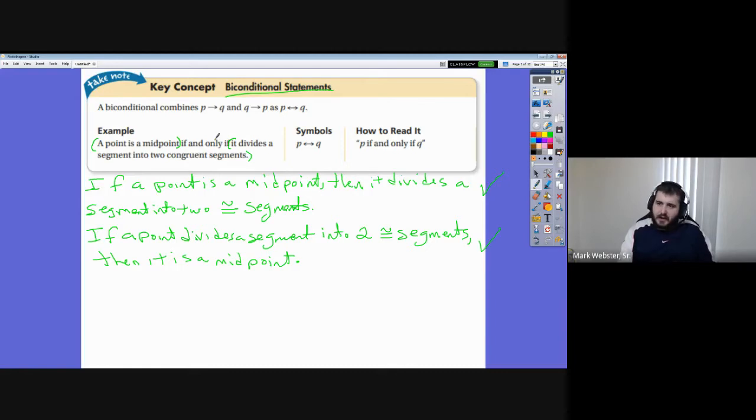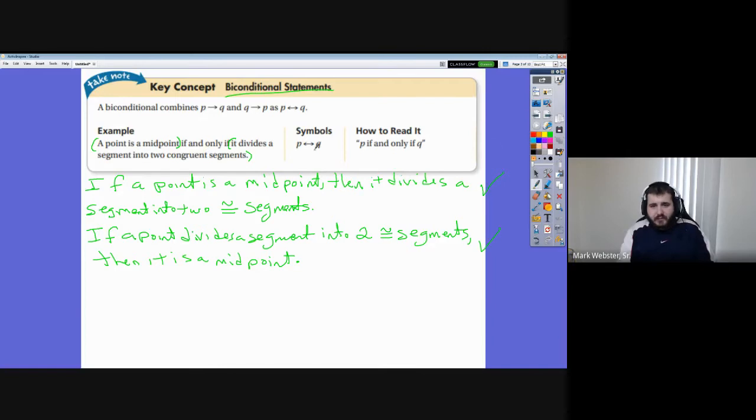That is to say, this works if this is true, but not just if this is true, but only if this is true. It works, and it's the only time it works. These two things are codependent on each other. The only way that each of them work together is if they're both there together.